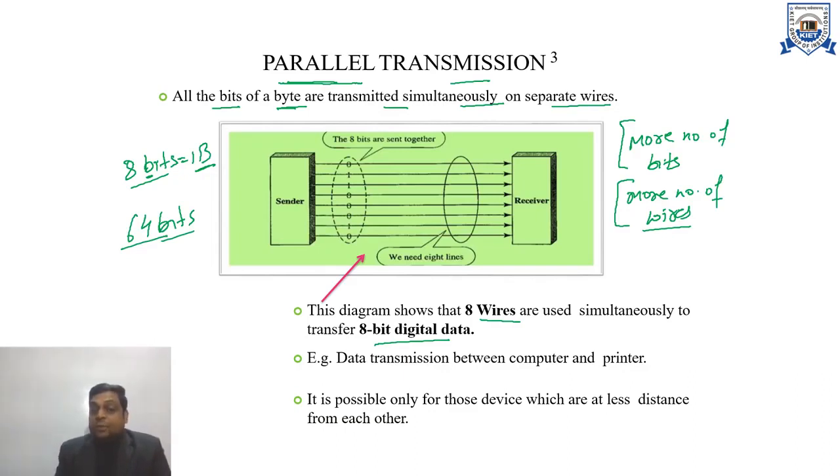The data transmission process completes fast; the parallel transmission is very fast, because it transfers data simultaneously.